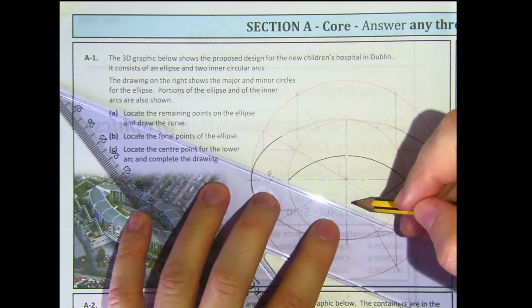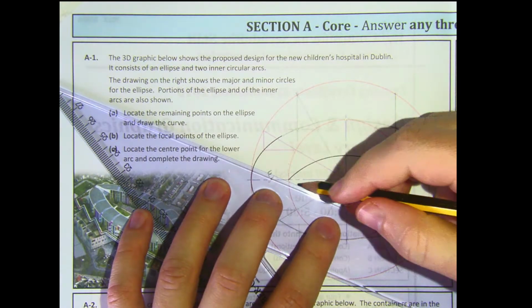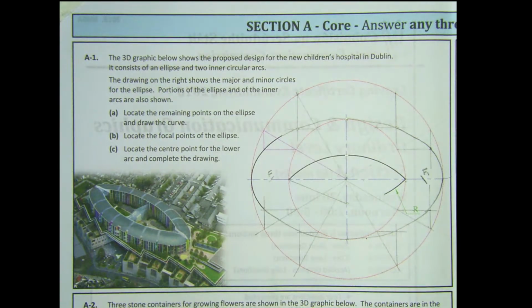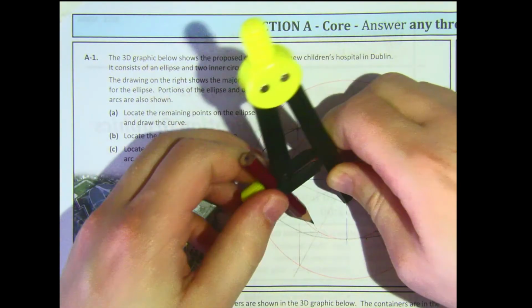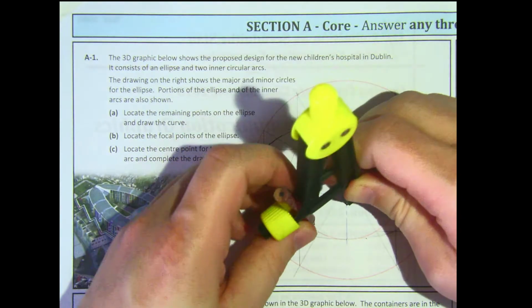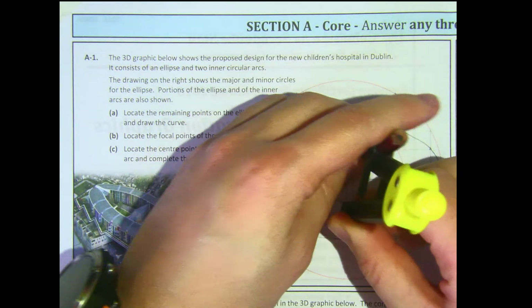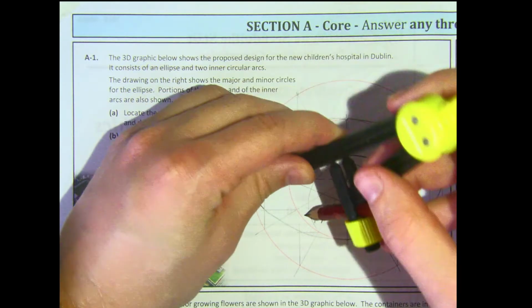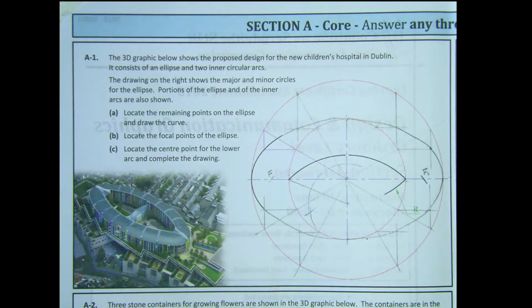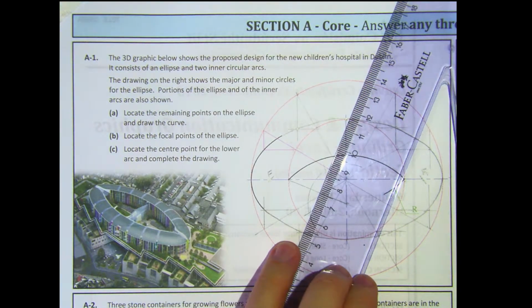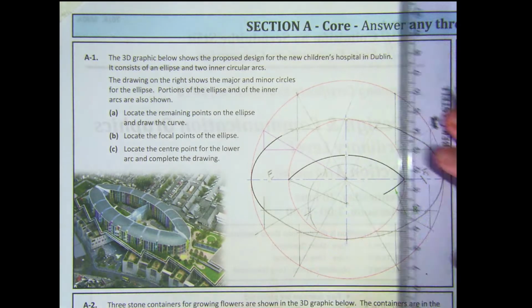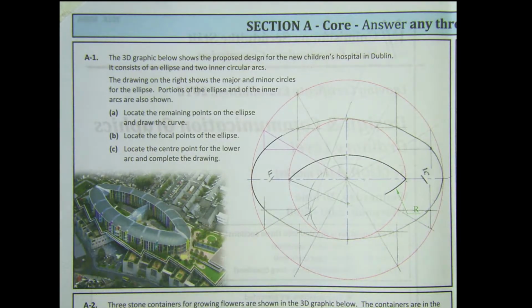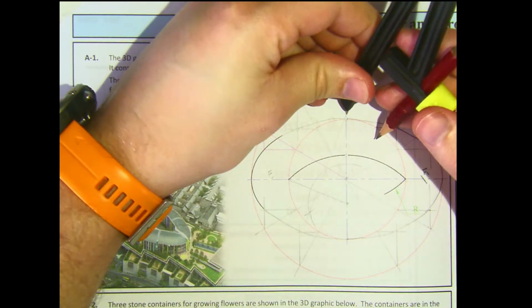Taking the next point, this line to this line, and if we can bisect that one, so just extend over halfway, swing our arc. And there's our bisector, which puts the center point for our arc just up here.